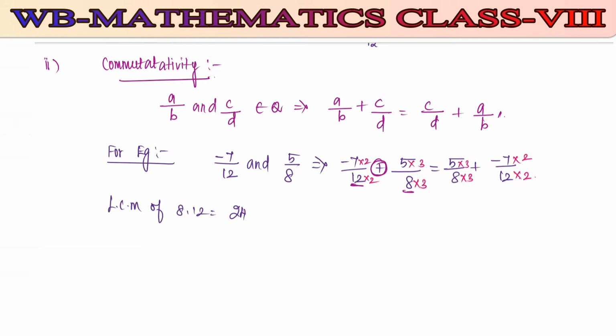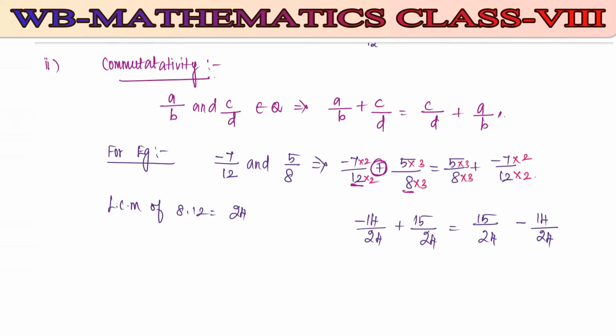So when you multiply, minus 7 into 2 is minus 14 divided by 24 plus 5 3s are 15 divided by 24, is equal to 5 3s of 15 divided by 24 minus 7 2s of 14 divided by 24.